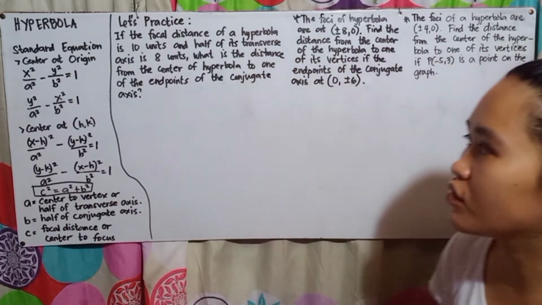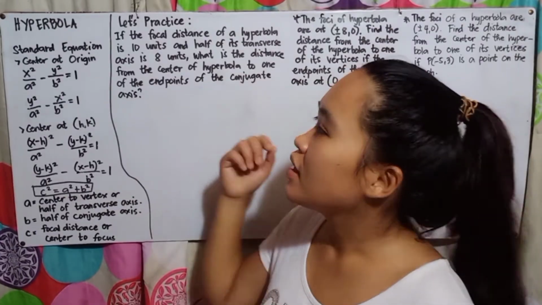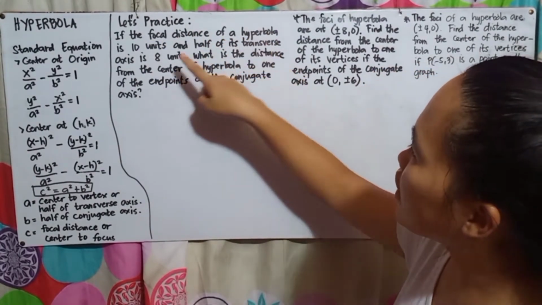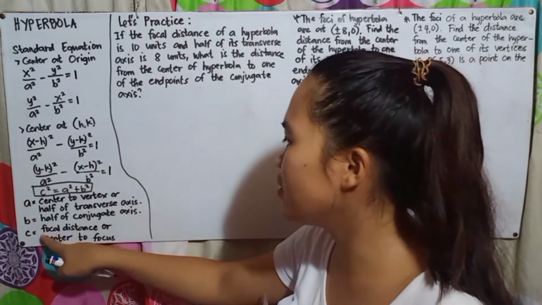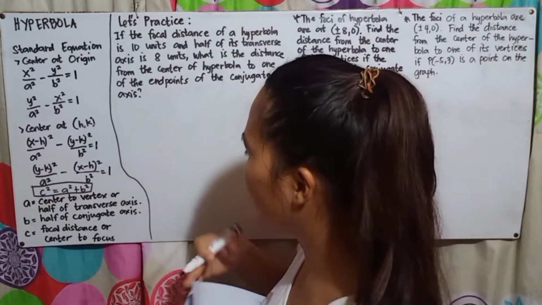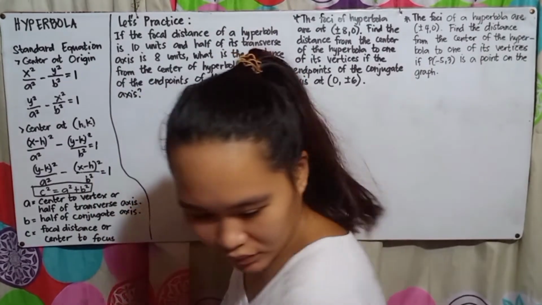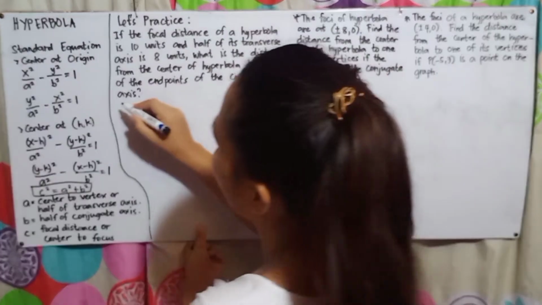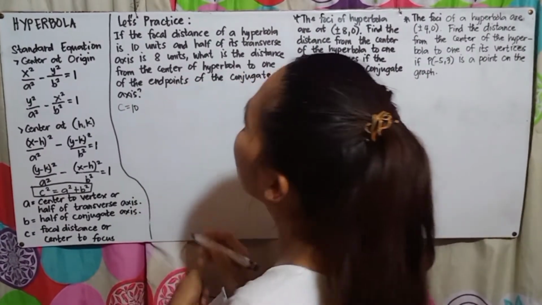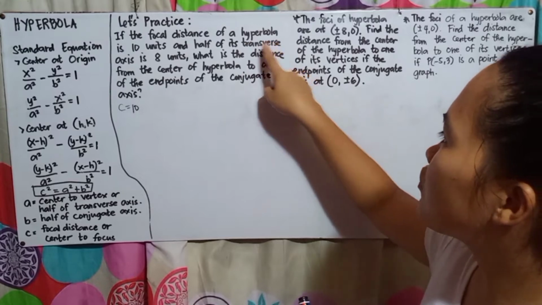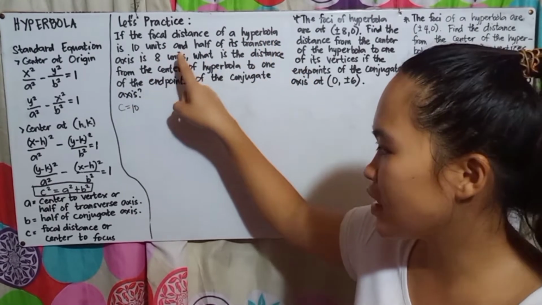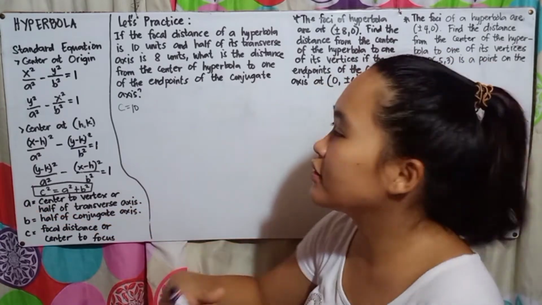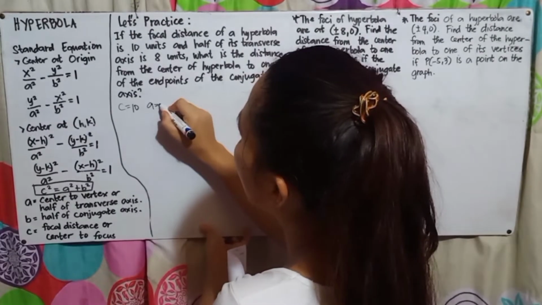Okay, so our first given example: if the focal distance of a hyperbola is 10 units, given ang focal distance which is C equals 10, and half of its transverse axis is 8, so therefore A equals 8.